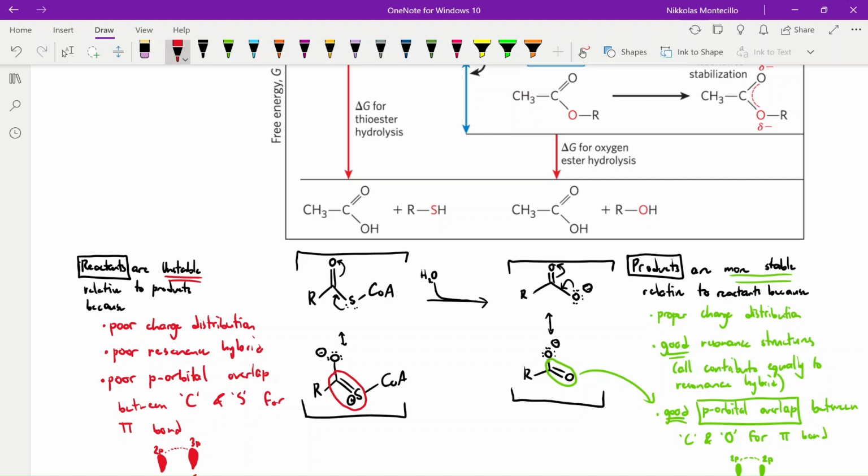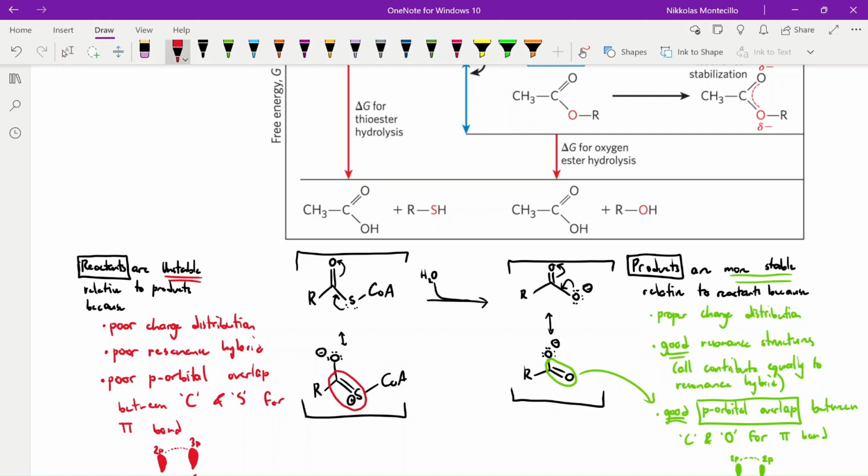Right, so you can see here that if a resonance form were created here, this resonance form is relatively poor compared to this one. This resonance form creates two charges, and it is a poor resonance hybrid because not only does it have two charges, the positive charge resides on sulfur, which is similar in terms of electronegativity, which means the tendency to keep electrons rather than donating electrons to other ions.